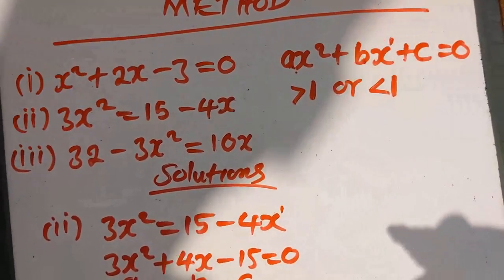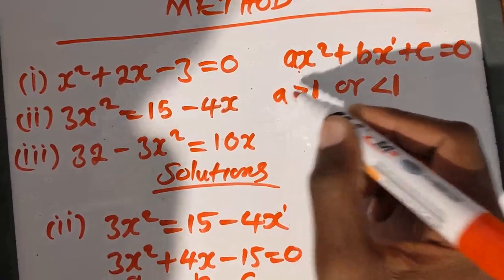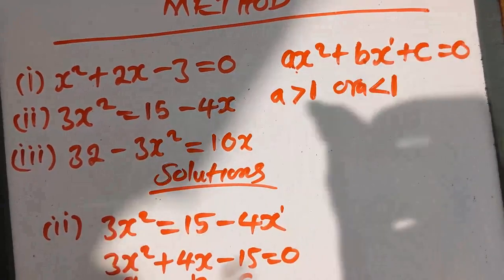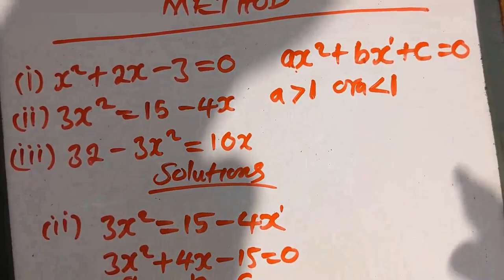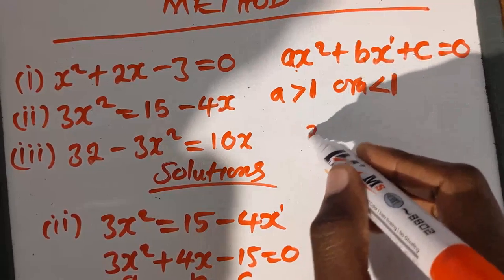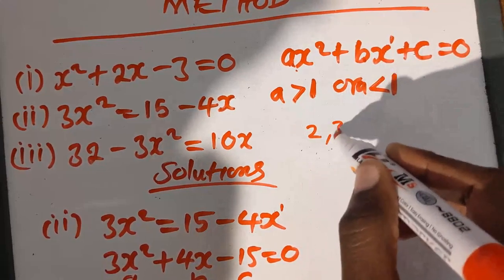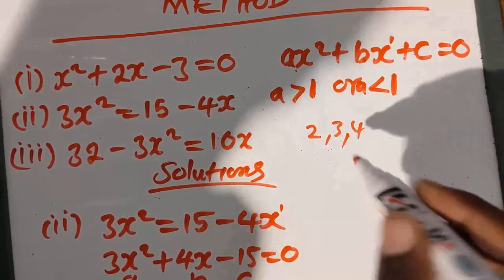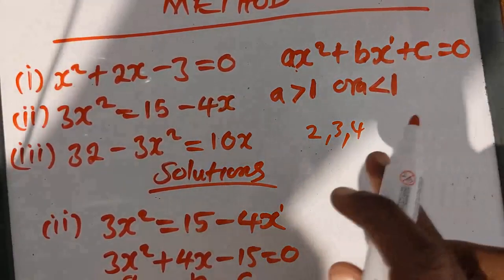If it is greater than 1, if A is greater than 1, I mean it would be 2, 3, 4, going forward like that. So this is what it means if it is greater than 1.